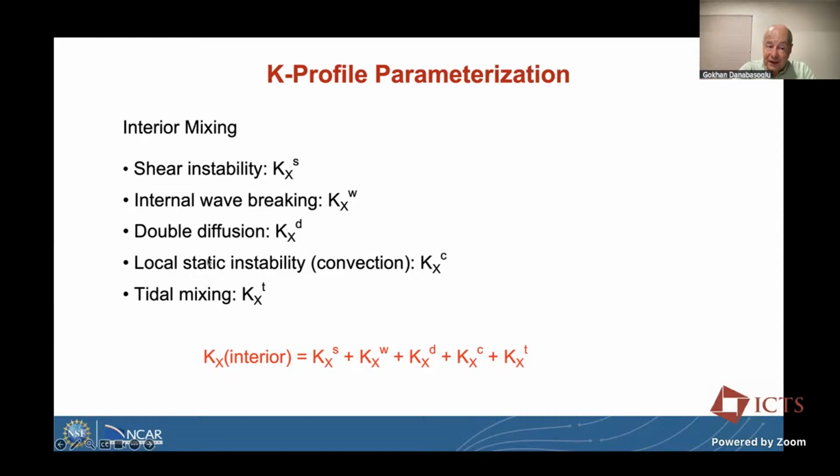As I mentioned yesterday, because of the hydrostatic approximation, since we don't have the vertical velocity tendency term, any kind of static instability or convection needs to be parameterized. So there's a diffusion coefficient coming from there. And then finally, tidal mixing. So the interior diffusivity is represented as the sum of five terms.